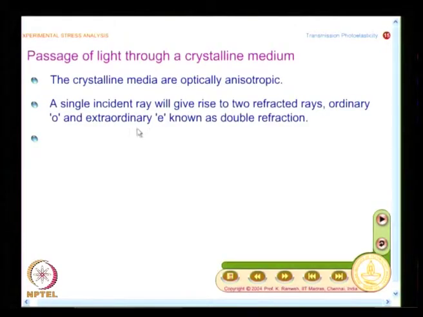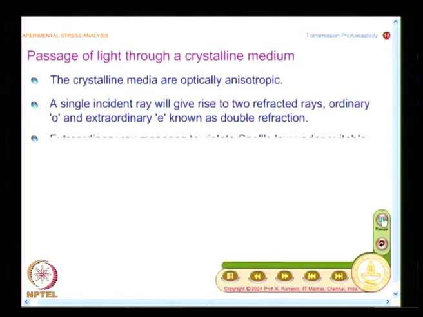That is why we read Snell's law first. One ray is the same as what you see in an isotropic medium. In addition, you have another ray which violates this law, and this violation is useful to us in photoelasticity and we exploit it. That is the advantage. So, for a single incident ray you have two refracted rays, ordinary and extraordinary.